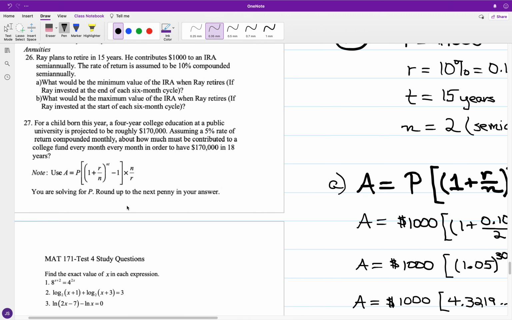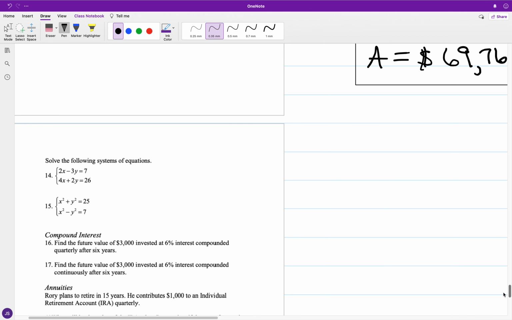We're using again the compound interest formula, but solving for P. It says to round up to the next penny in your answer. So normally, if you have 34.4 cents, you'd round that up to 35. You're not going to round down even if the third decimal place is 4 or lower; you're going to round to the next penny.